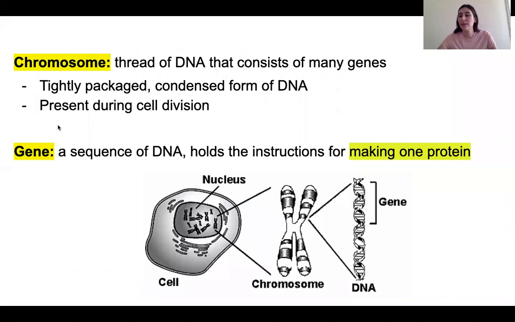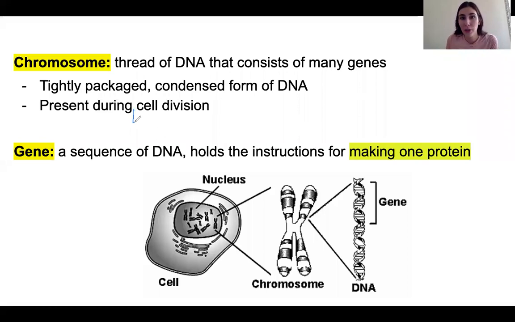So basically, to summarize, a chromosome, like we said, is a thread of DNA, and it has these areas on it that are called genes. It's tightly packaged, condensed, thickened, just like we saw in the previous diagram, and it's only visible, this is important, during cell division.